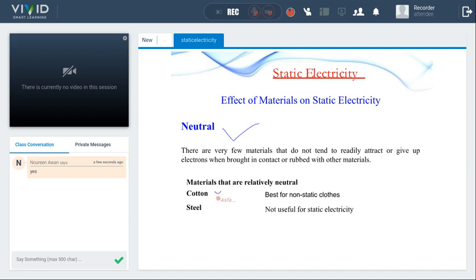Whenever it rubs with our skin, it does not get any charge. That's why we feel comfortable in cotton. Similarly, steel is a metal that does not get charged. That's why we use it in many appliances where we want to be protected and want our hand not to get charged.